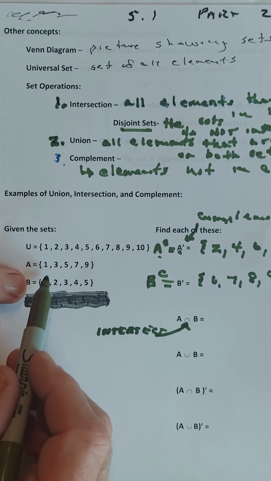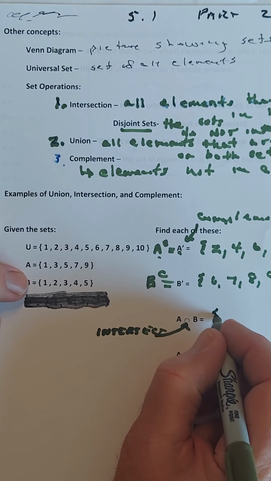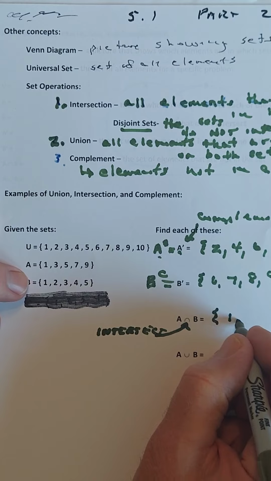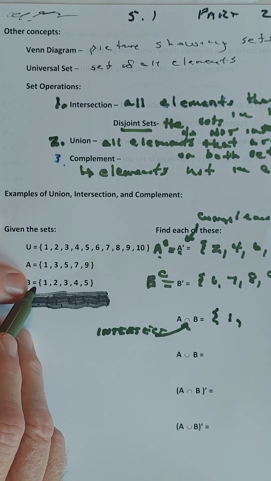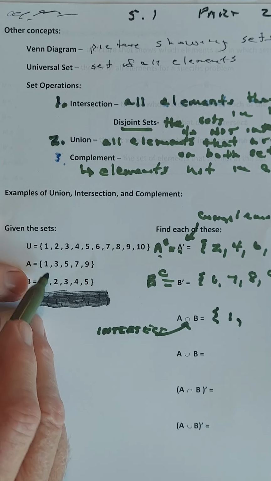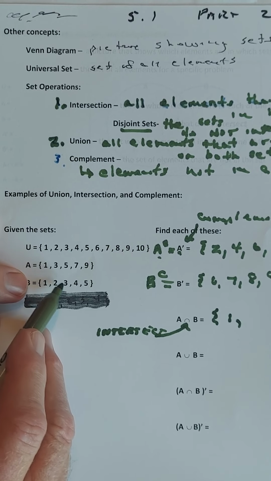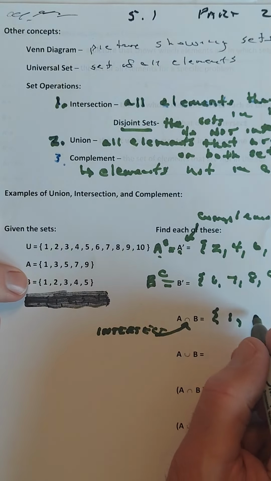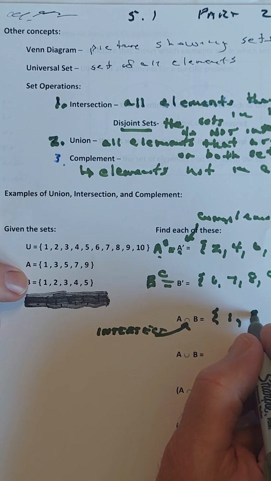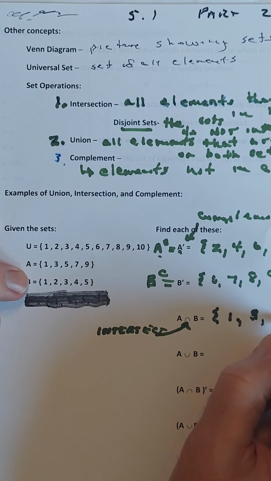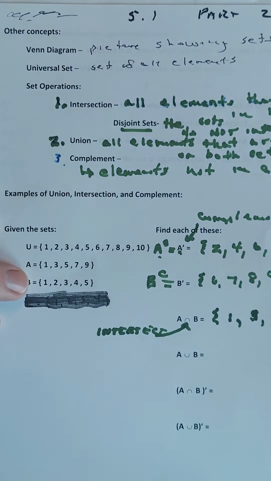Well, it looks like they both have a 1. So 1 is in the intersection. I see a 2 here, but there's no 2 here. So 2 is not in the intersection, but I see 3 and I see 5. So 1, 3, and 5 would be the intersection of the two sets.